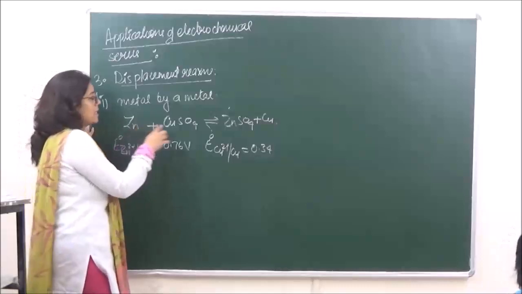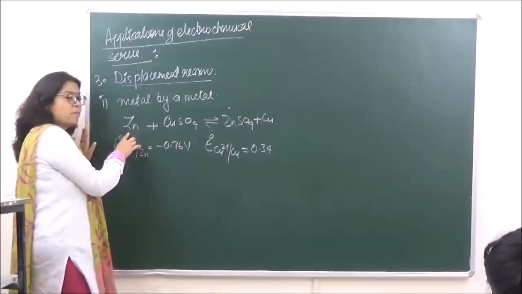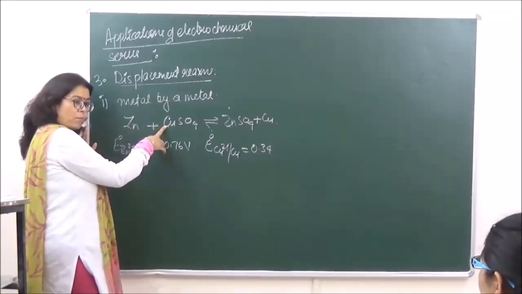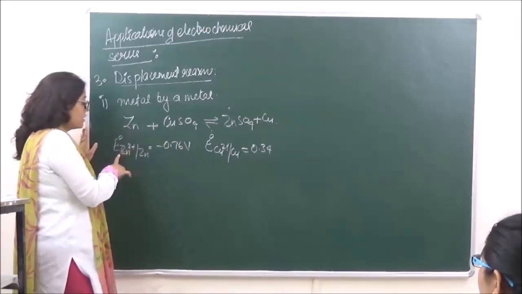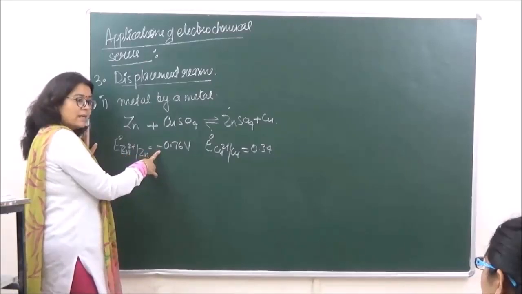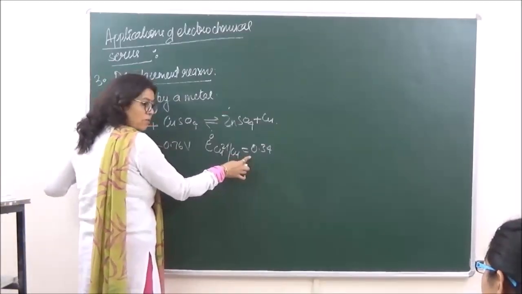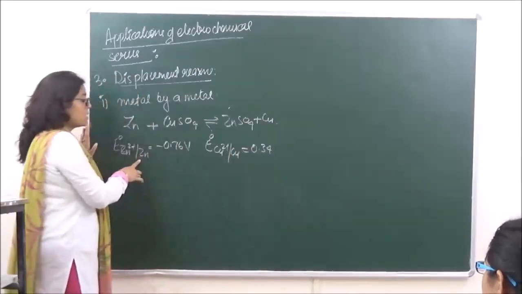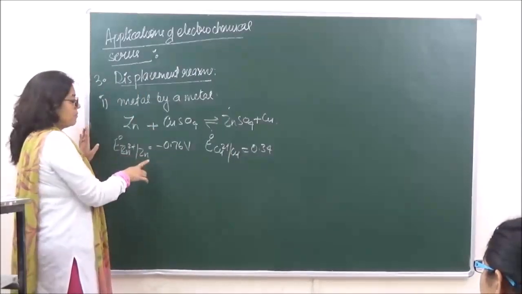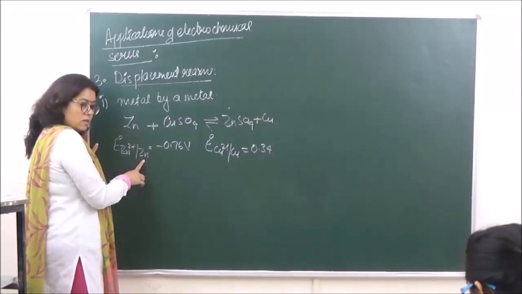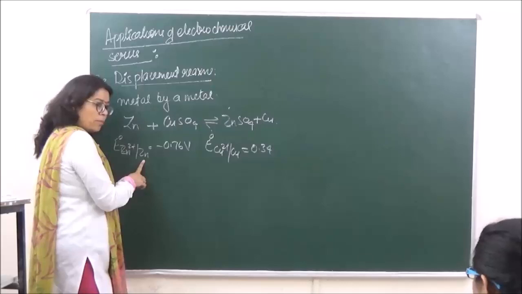Now when we are correlating both these statements, we are looking at the reaction. The reaction says that copper is being displaced by zinc. Zinc is taking the place of copper over here. The reduction potential value of zinc is minus 0.76, and that of copper is 0.34. These values tell us, as in the previous application, that zinc is a more active metal than copper.